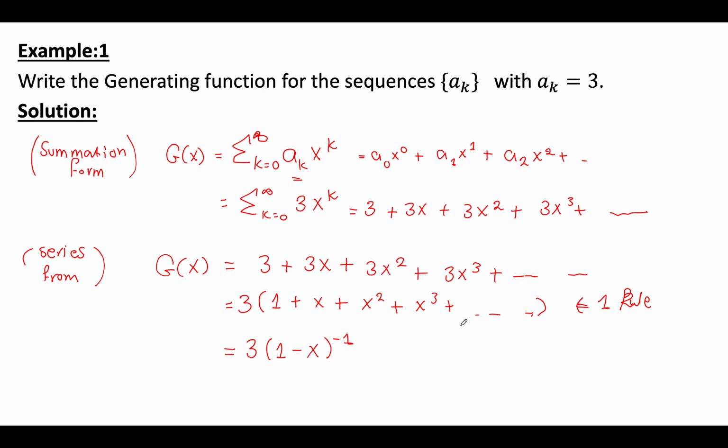So from the first rule, we substitute the series form with (1 minus x) to the power minus 1. Then the closed form of this problem is 3 multiplied by 1 over 1 minus x, which equals 3 over 1 minus x.